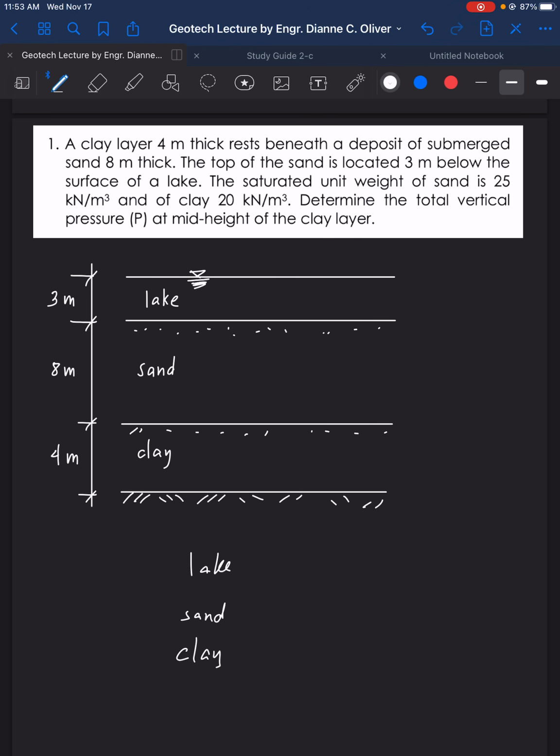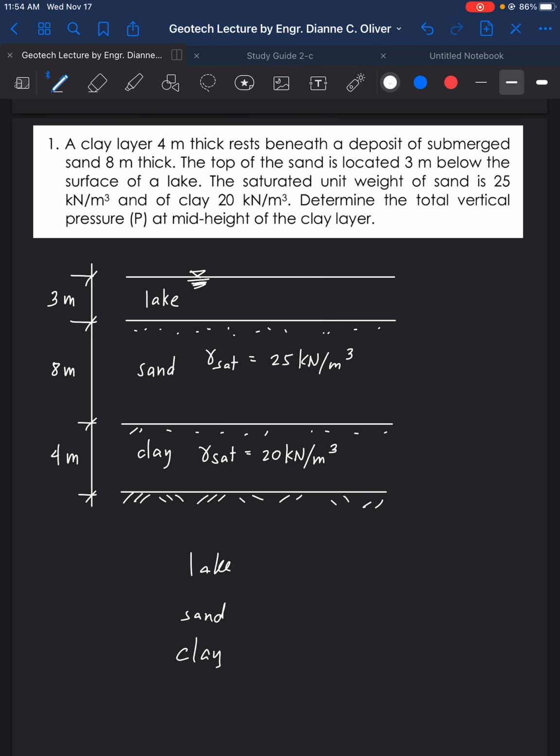And it says there, the saturated unit weight of sand is 25 kilonewton per cubic meter. So gamma sat of sand is equal to 25 kilonewton per cubic meter, and of clay we have it as 20 kilonewton per cubic meter.